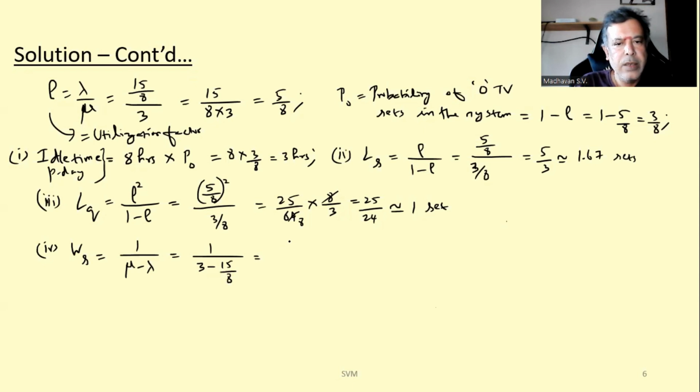So we get 1 divided by 24 minus 15 divided by 8. So we get 8 divided by 9, and this is in hours.